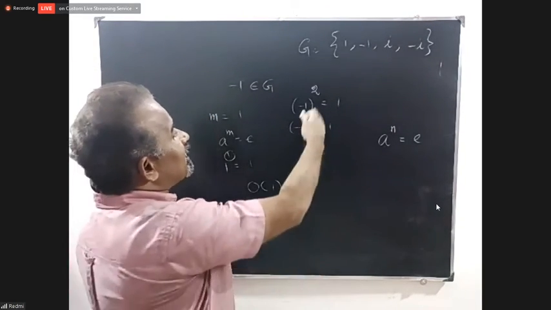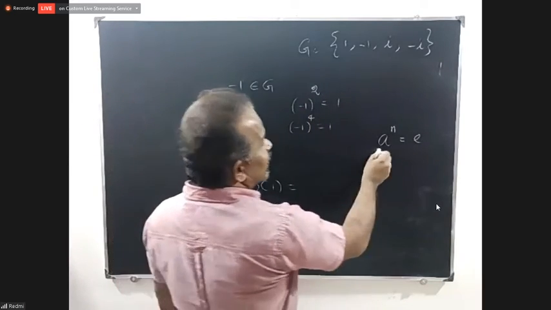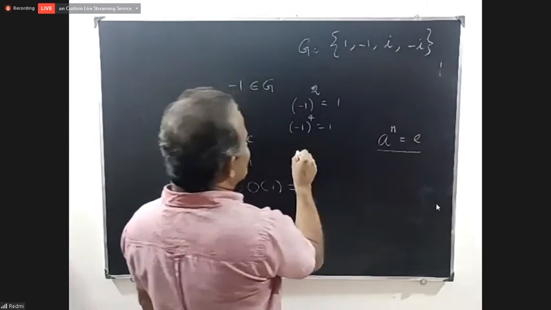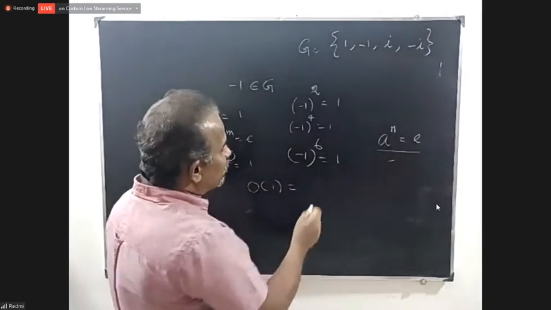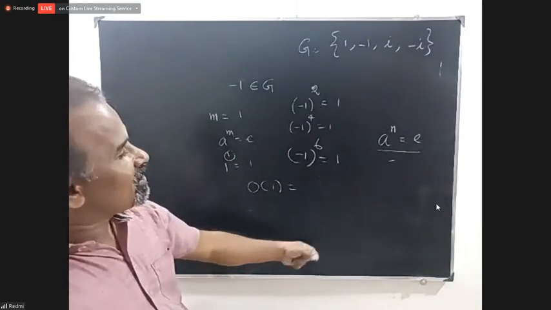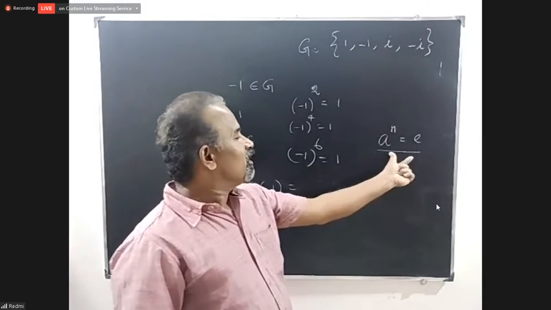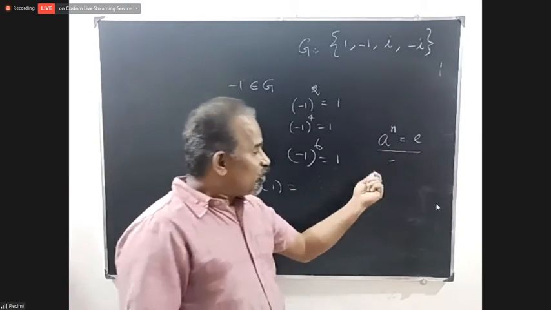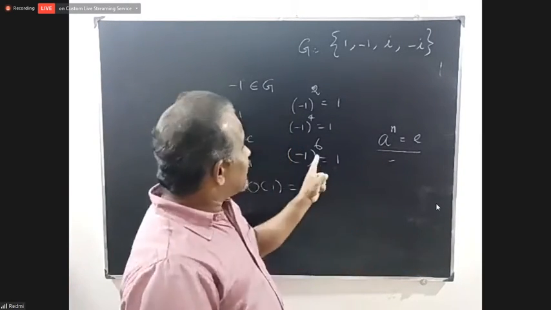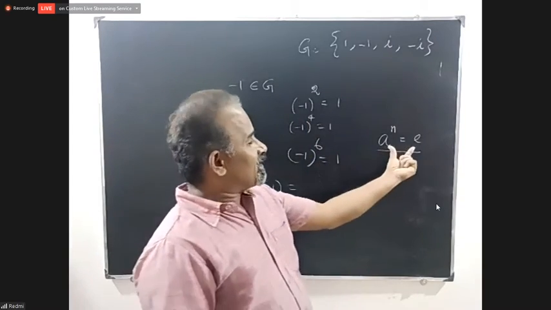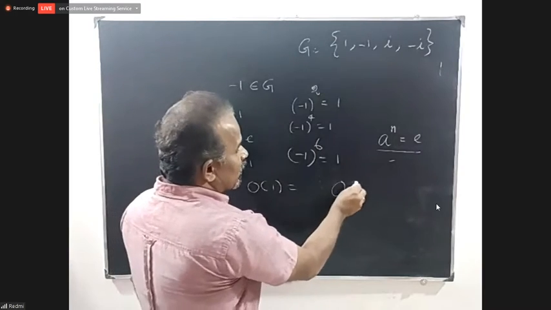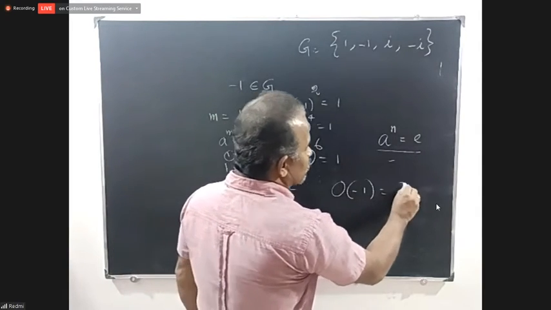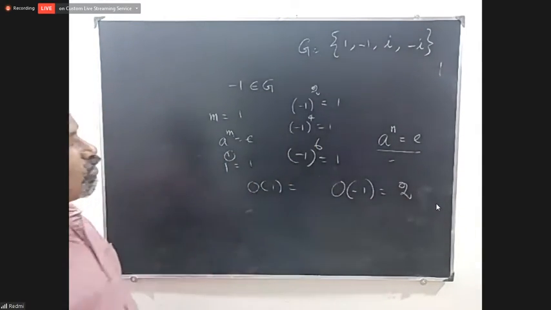So the integer 2 satisfies this condition, 4 satisfies this condition, 6 satisfies this condition. So there are many even integers satisfying this condition. Our definition says if there exists a least positive integer which satisfies this, therefore the least positive integer is 2. Therefore, the order of minus 1 is equal to 2.